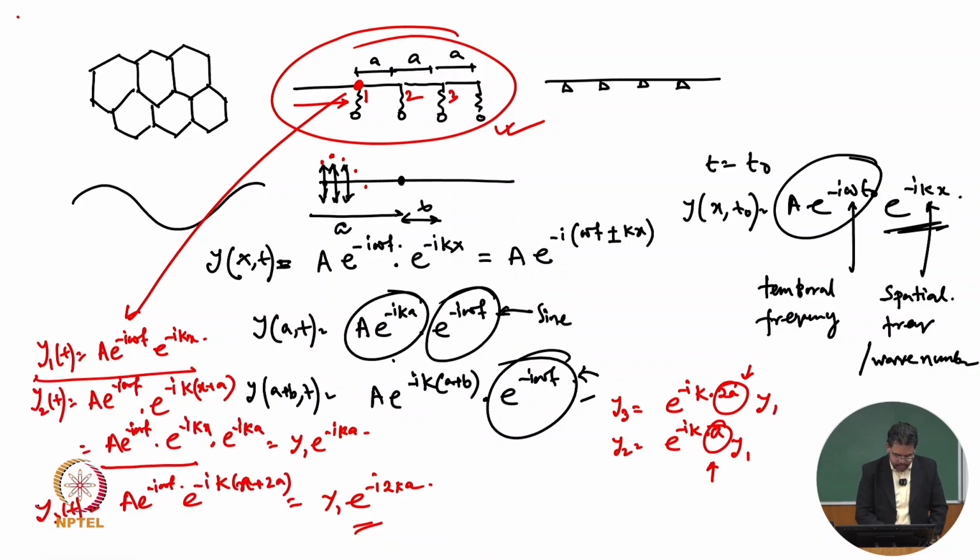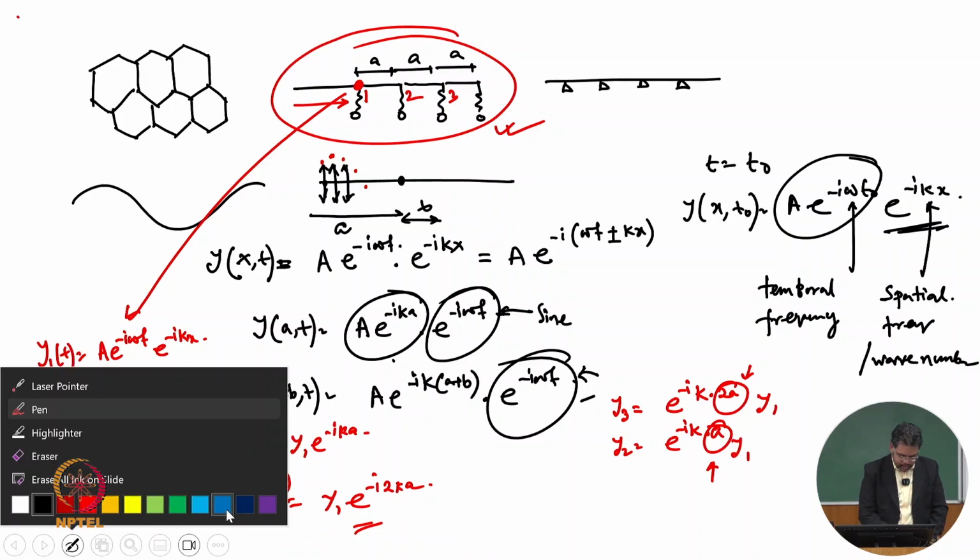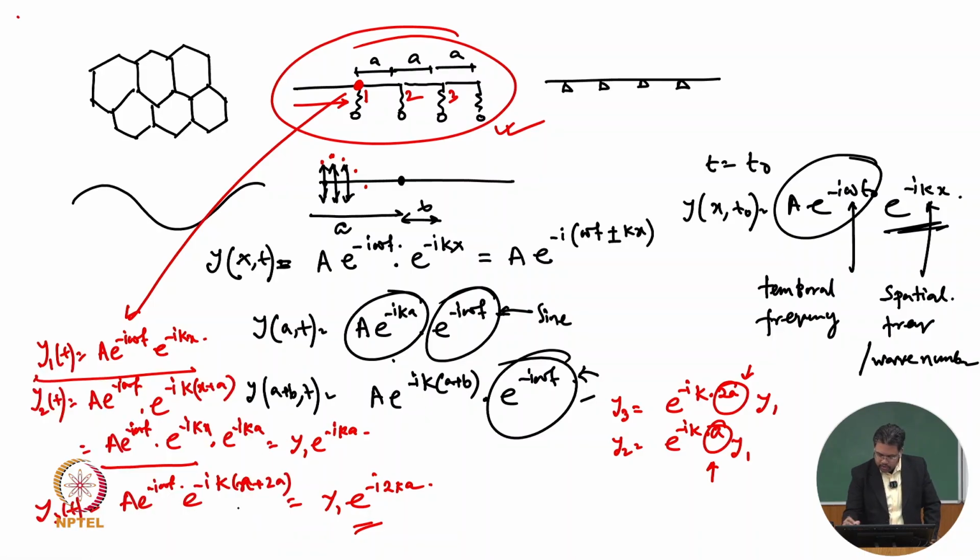So now, let's think. In that wave equation there are three parameters: the amplitude of the wave, omega which is the temporal frequency, and k which is the spatial frequency, or wave number.